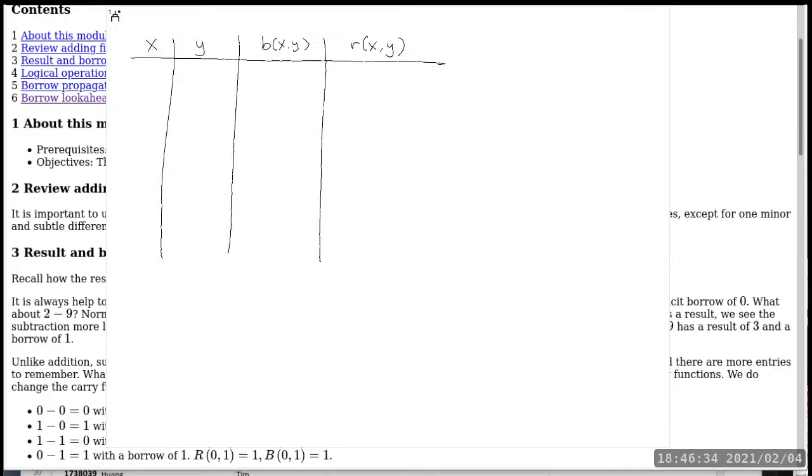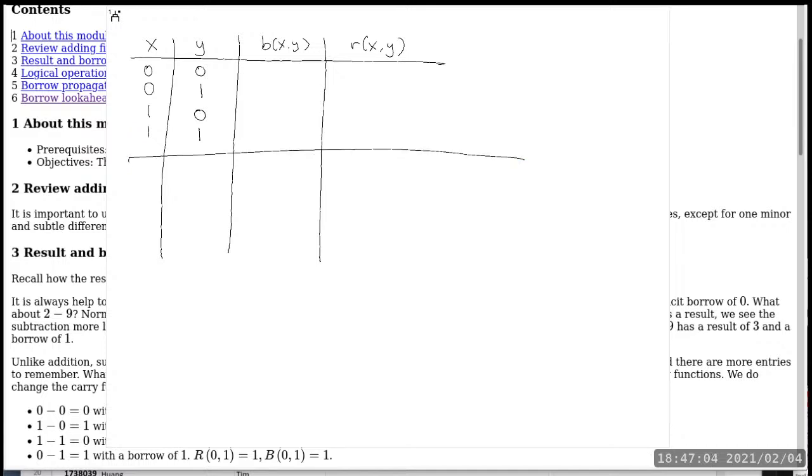But the base 2 version of this table only has 4 entries, because when you're dealing with base 2, x can be a 1 or a 0, and y can only be a 1 or a 0. That's the whole idea. If you're dealing with base 2, you only have 2 digits, including 0. So x can be a 0 or a 1. When x is a 0, y can be a 0 or a 1. When x is a 1, y can also be a 0 or a 1.